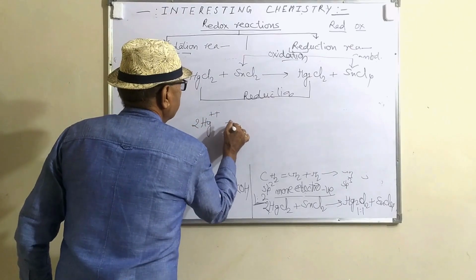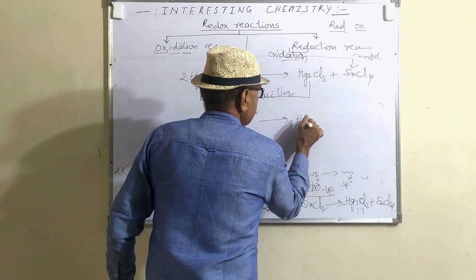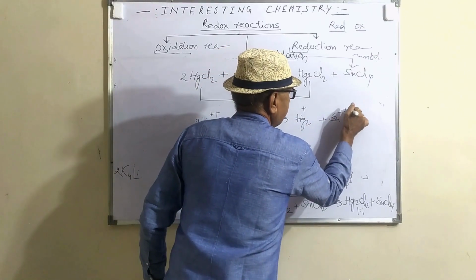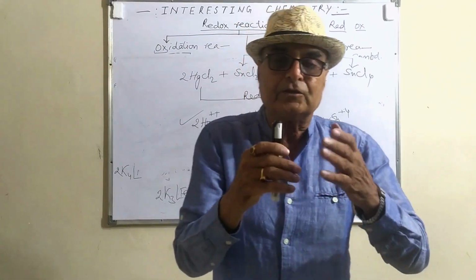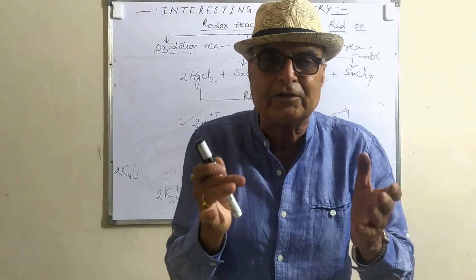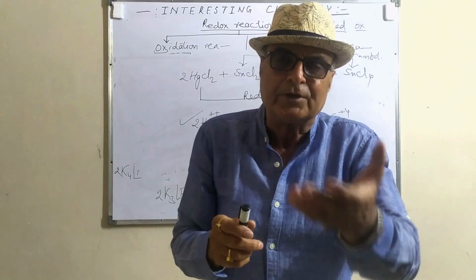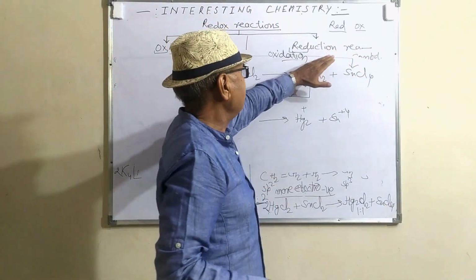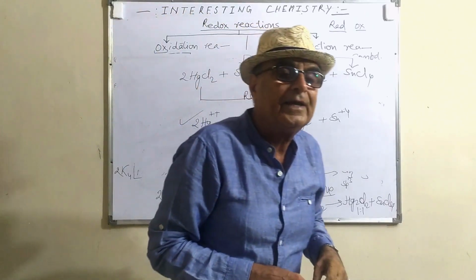In this way, now you can write 2Hg2+ plus Sn2+ gives Hg2 2+ plus Sn4+. This equation leads to the next concept of electron gain or loss. When an atom loses electrons, it will be called oxidation.